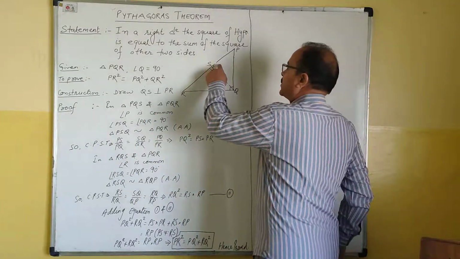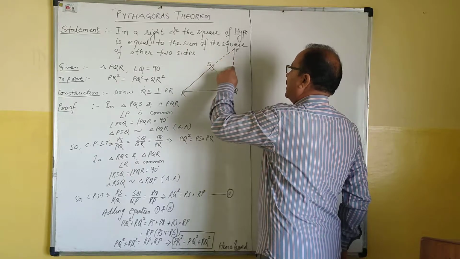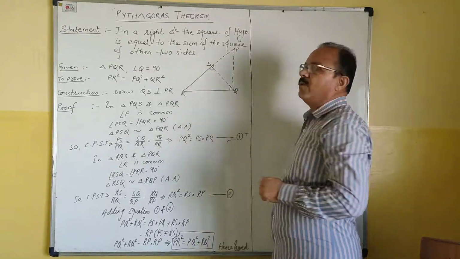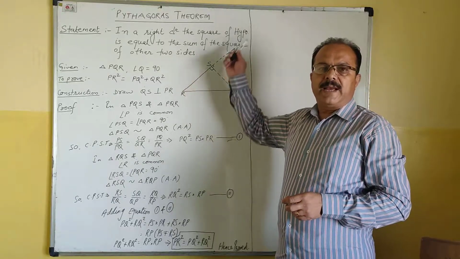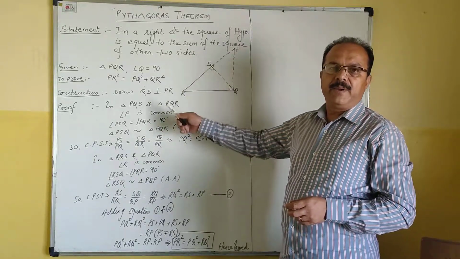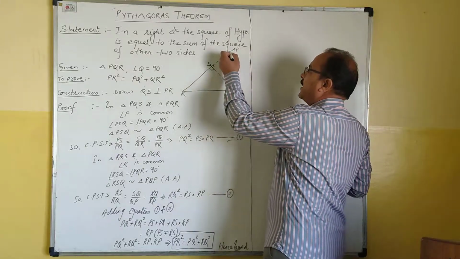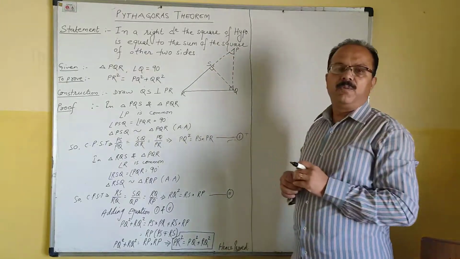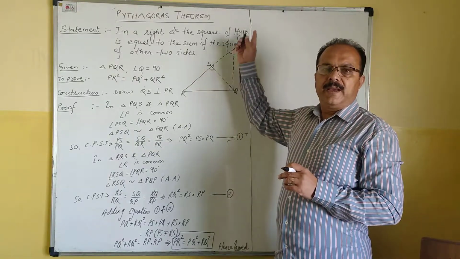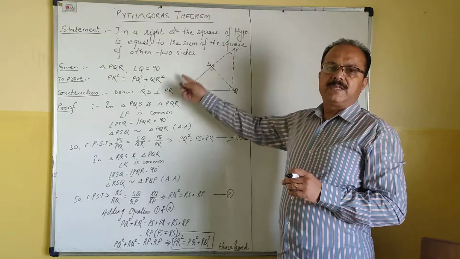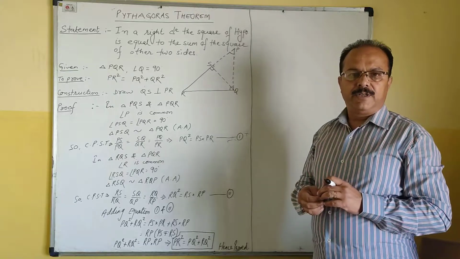First of all, we take the triangle PQS and the original given triangle PQR. It is very clear that angle P is common to both the triangles, the small triangle as well as the big original triangle.